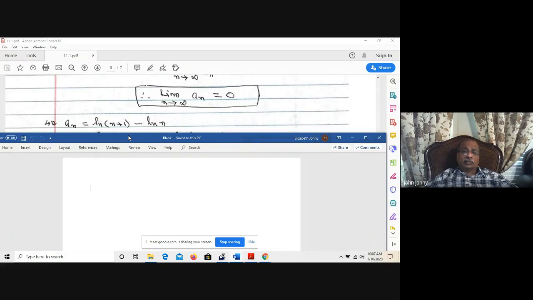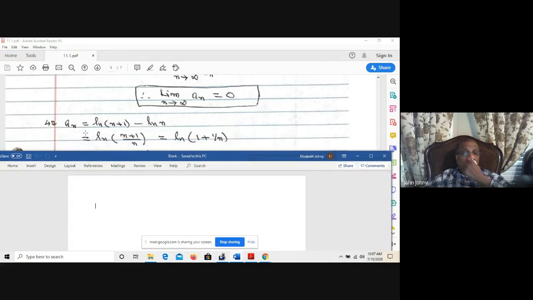Okay, here next one is number 42. Natural log of n plus 1 minus natural log of n. Here again we use a property of logarithm. Natural log of m over n is natural log of m minus natural log of n. So here this is natural log of n plus 1 whole divided by n, that is n over n plus 1 over n, that is natural log of 1 plus 1 over n.